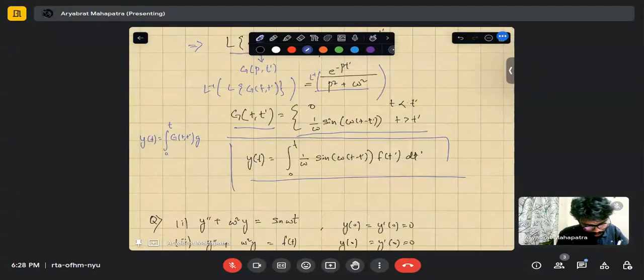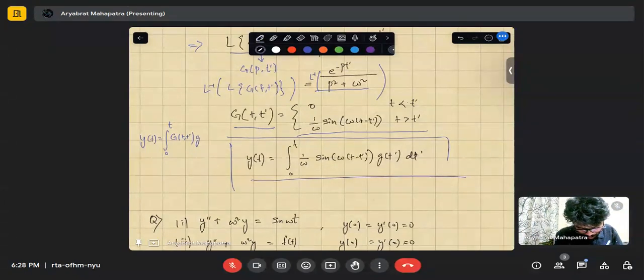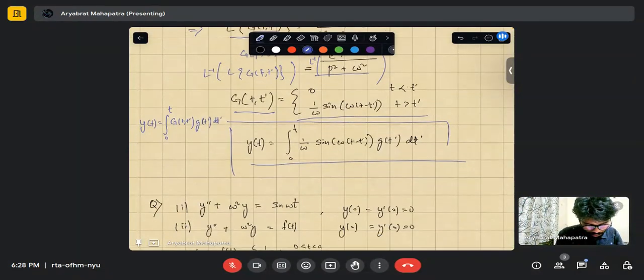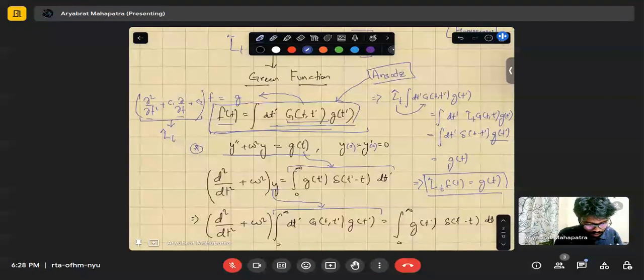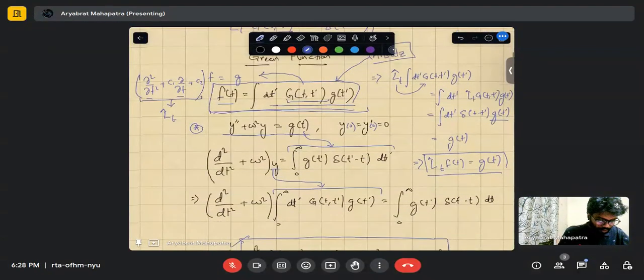I think I have written this. This would be g. So you got what is g here. So you substitute the expression of g inside this, and you get a solution. So that is what I have written here also. This is the answer that you take.